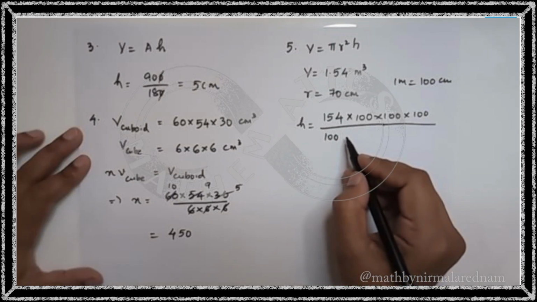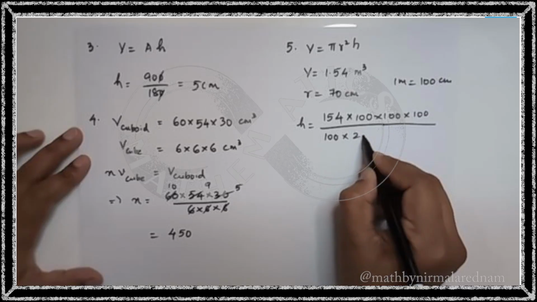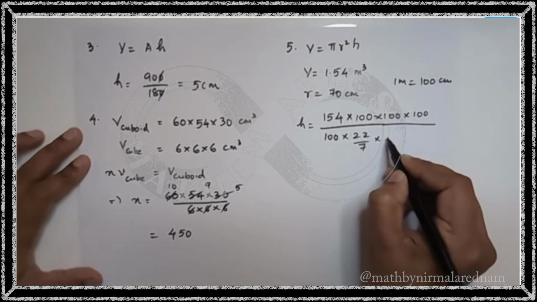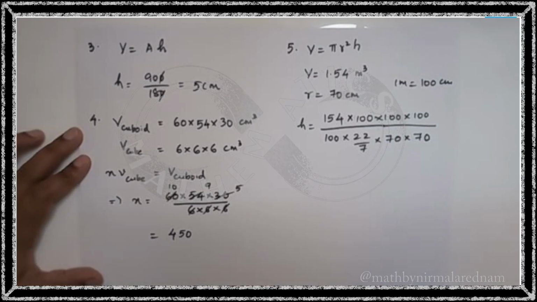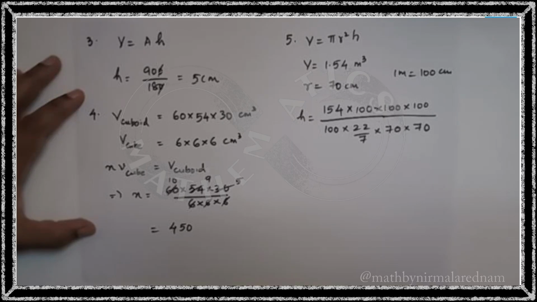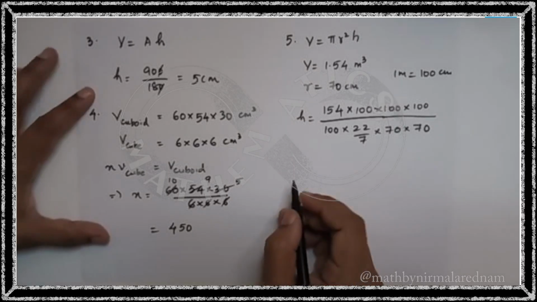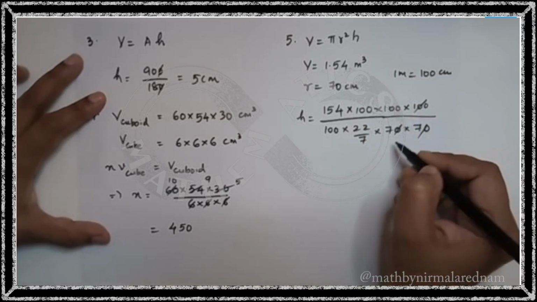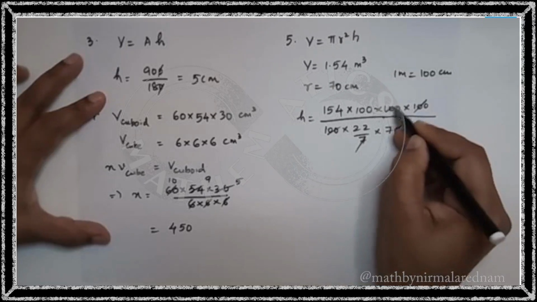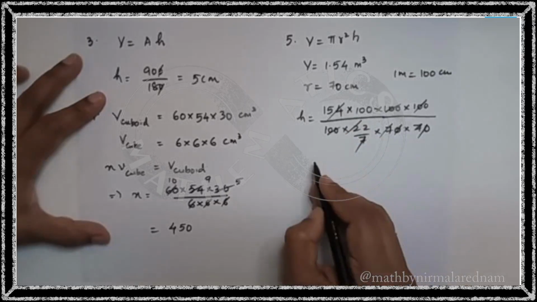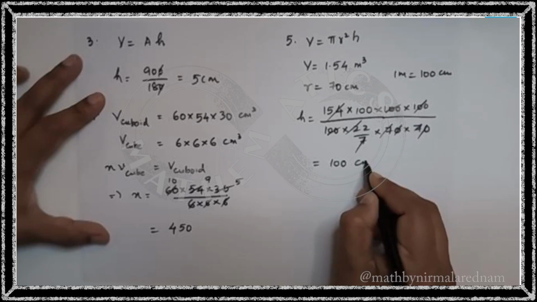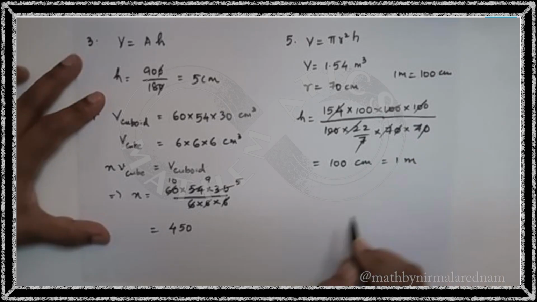And then I have pi is 22 by 7, and I have r square, which is 70 into 70. Okay. So on simplifying this, we are going to have, cancel these terms. So 22 into 7 is 154. So this gets cancelled. So I have 100, and the units here are centimeters, which is nothing but 1 meter. So the answer is height is 1 meter.